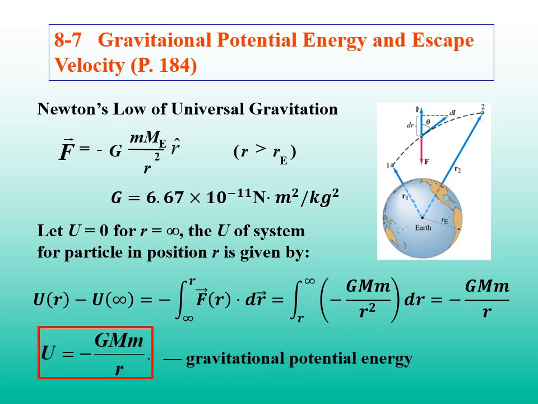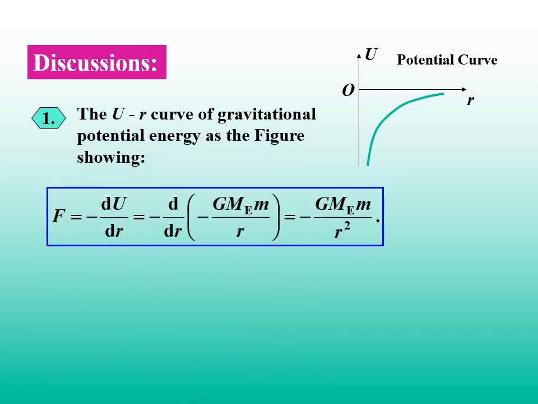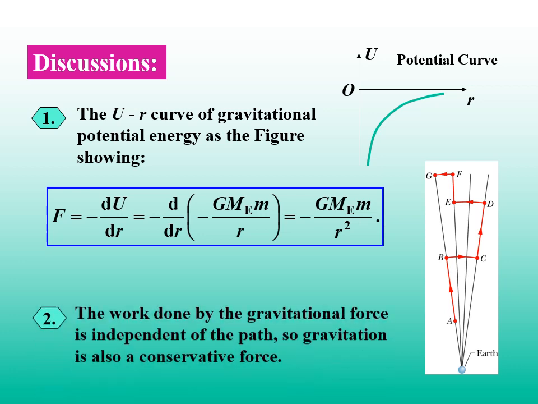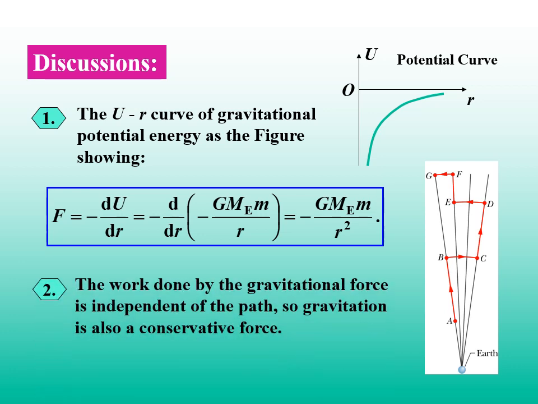Therefore, the gravitational potential energy U equals minus G M m divided by r, where G is the gravitational constant. Please note that as an object approaches the Earth, its potential energy decreases and is always negative.